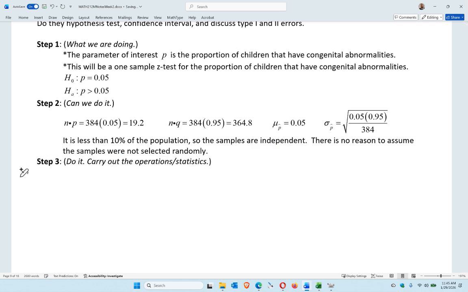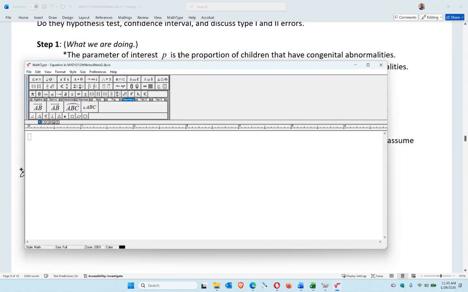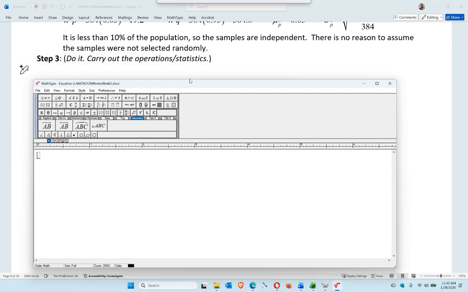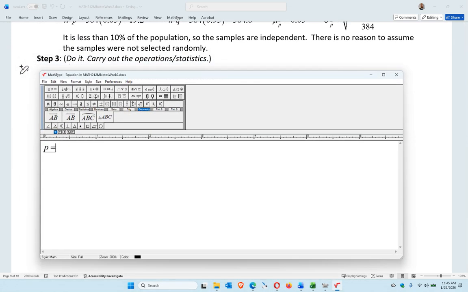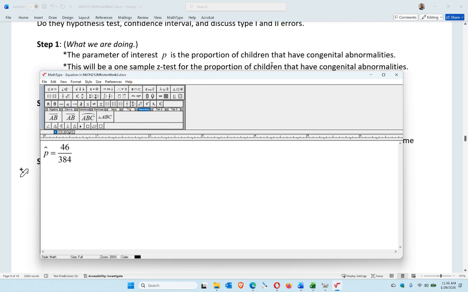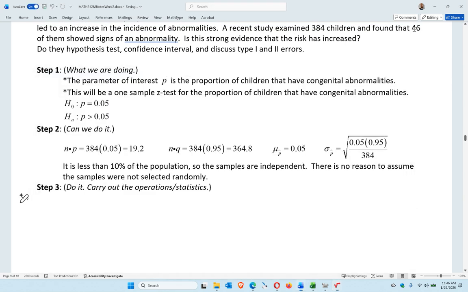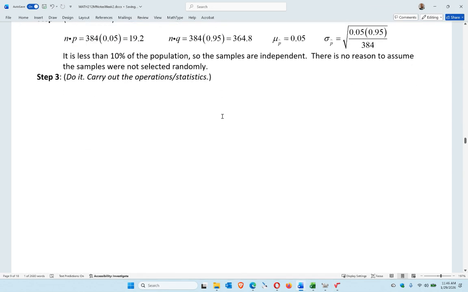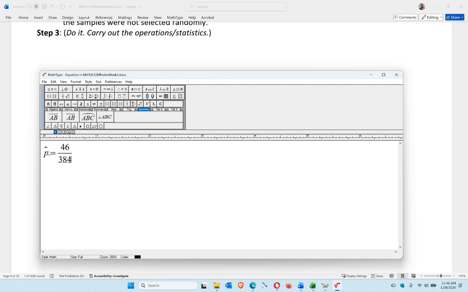Math type, so we want p hat equals, so p hat, I believe it was 46? Let me double check that. Yes, our sample had 46, right? Out of 384, found with the abnormalities. Right, because that's our sample.